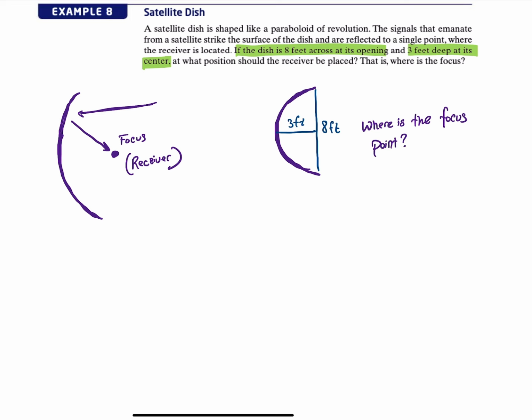Let's place this just on an XY plane. We can place the vertex wherever we want to. You can imagine the vertex would be here. Let's just say that that point is at the origin. So we can imagine some sideways facing parabola with a vertex at 0, 0.